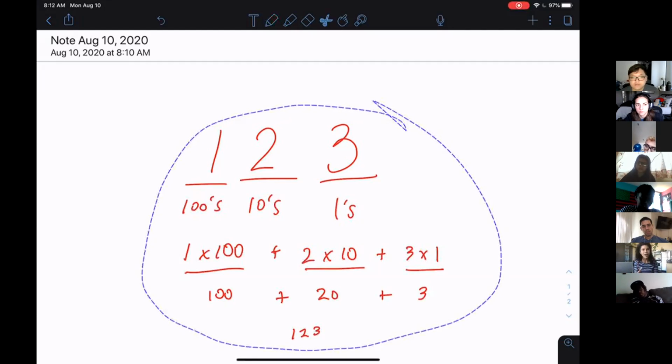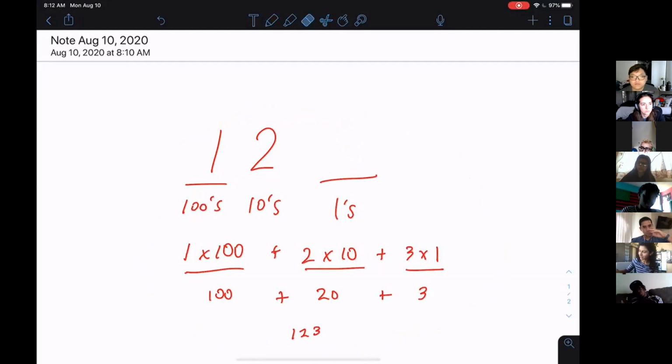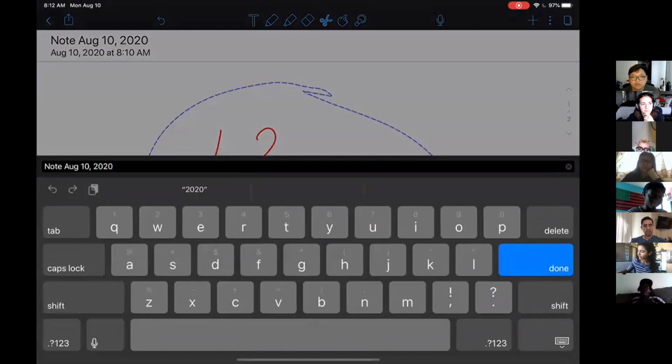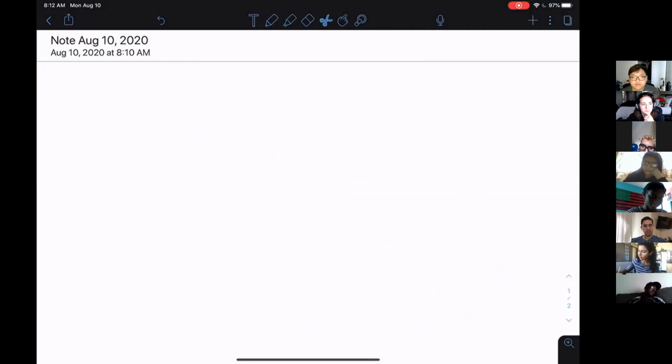And so we're going to apply this same process to binary, but instead of our number places being ones, tens, and hundreds, hint, we're moving from a decimal system to a binary system. What might our places be instead of ones, tens, and hundreds? Anybody?